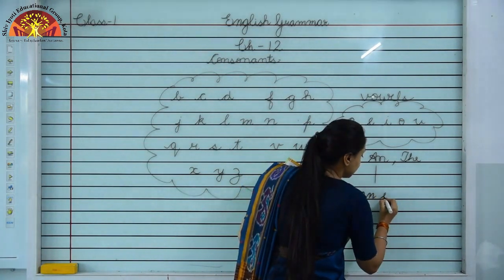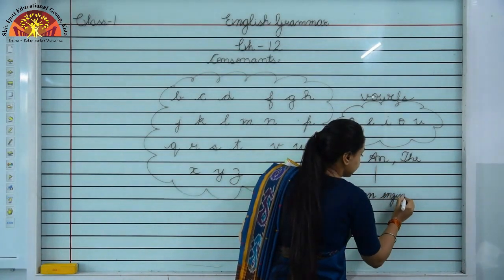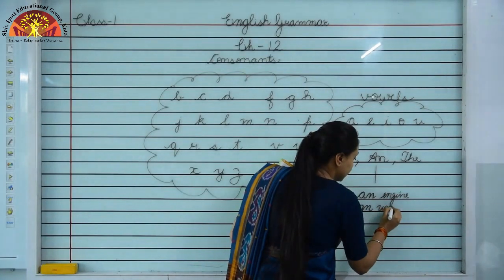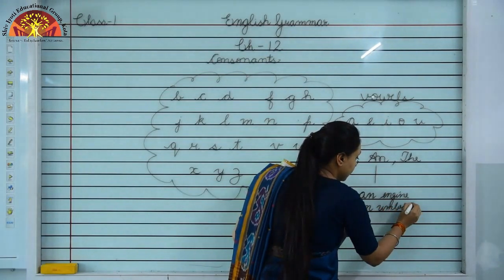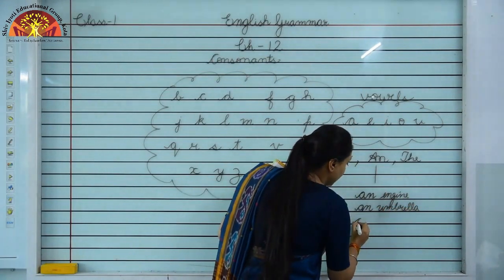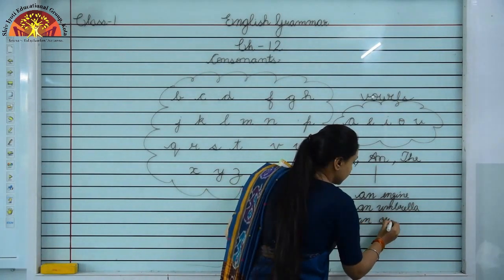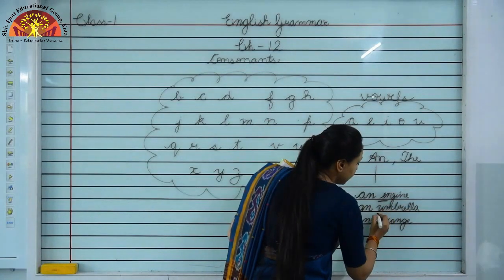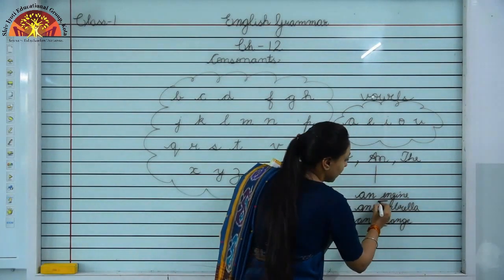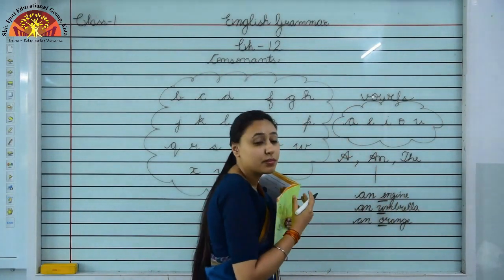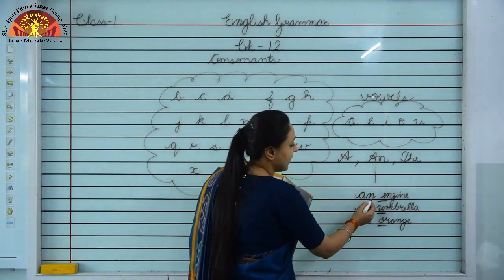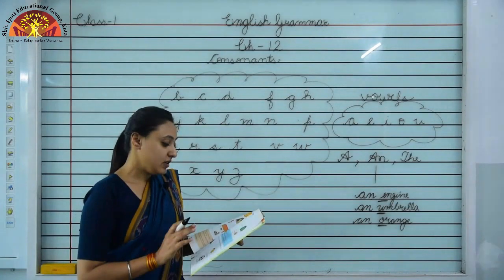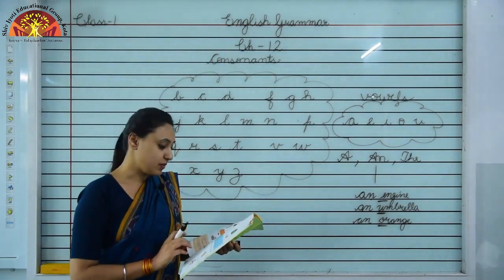An engine, an umbrella, an orange. So children, all these words begin with vowel letters. All these words begin with a vowel sound. So we use AN before vowel sound words.